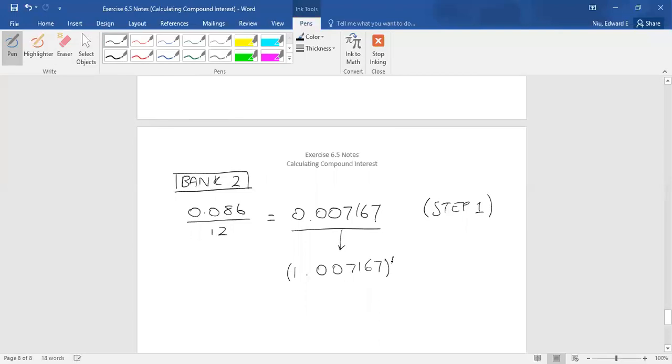Right, it's been fixed. So remember how it was compounded monthly? So we have to figure out what it is by powering it to 12.